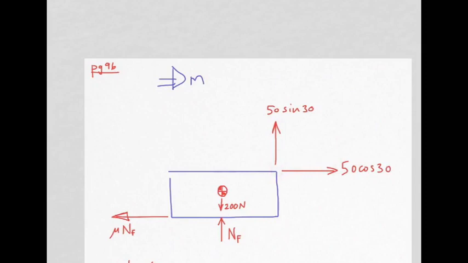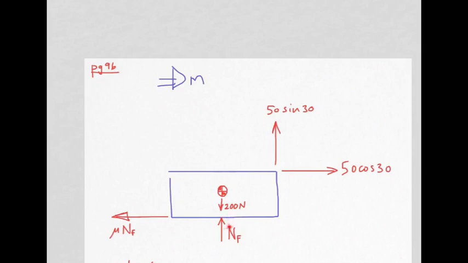Next, we do the weight. Through the center of gravity of the block, straight down towards the center of the earth, is its weight of 200 newtons. Then, between the block and the surface is most definitely a compressive force, and that is felt by the block as an upward push, which we're going to refer to always as N subscript F, standing for normal force.